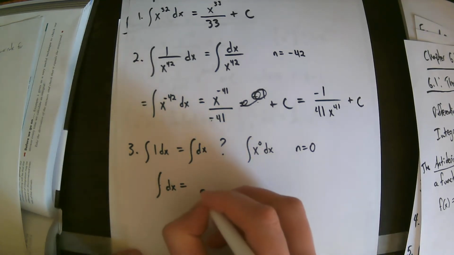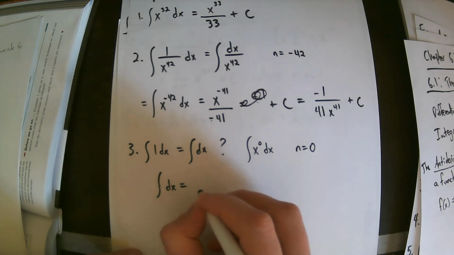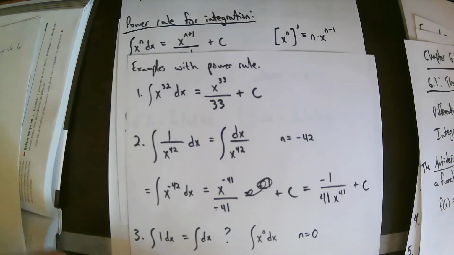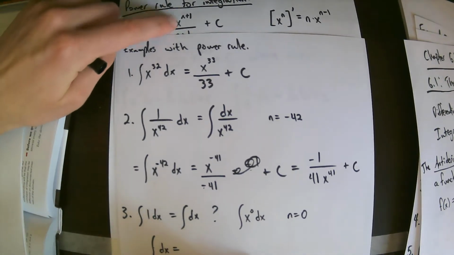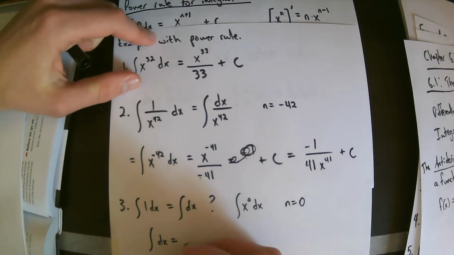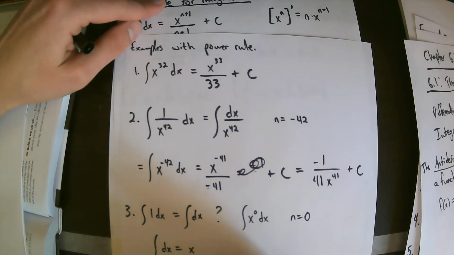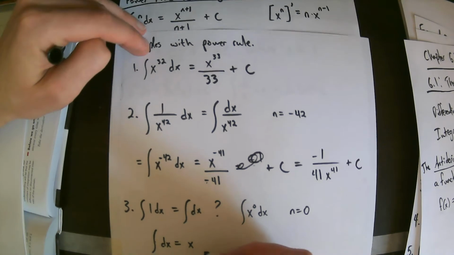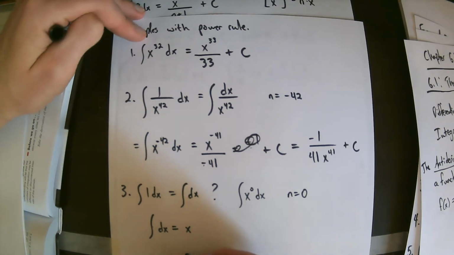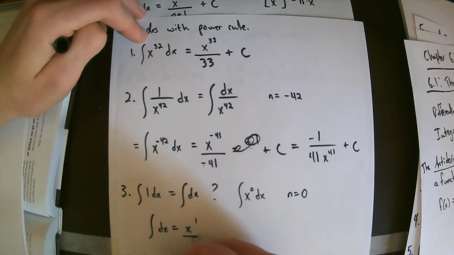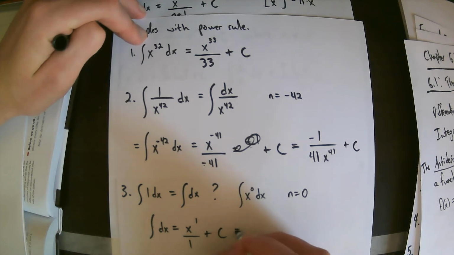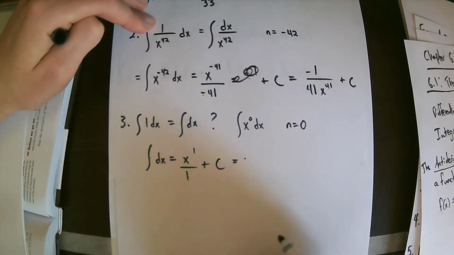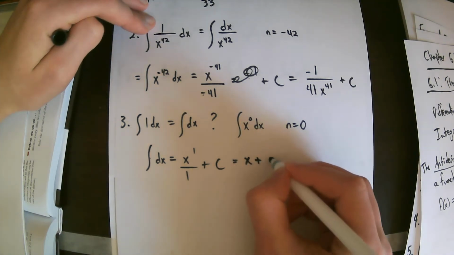Well, it's going to be x to the n plus 1, but n is 0, so just x to the first power, which is just x, over 0 plus 1, which is just 1, so still just x. X to the first power over 1, I guess I can write those, and then plus c, but really, this is just x to the 1 over 1, that's just x, so just x plus c.